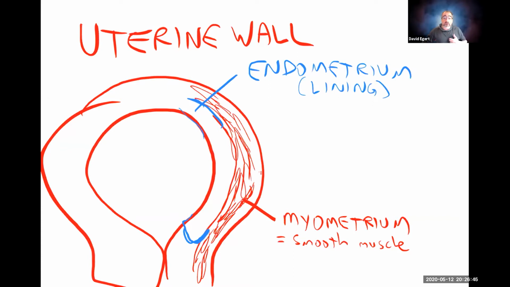There are two parts to the endometrium. One part that is always there, so there's going to be this more permanent layer. And then there is going to be another layer that grows and sloughs off every month under the influence of these hormones, estrogen and progesterone and all that.